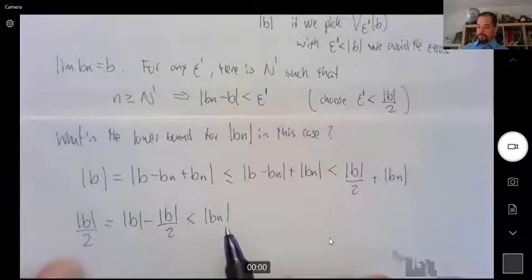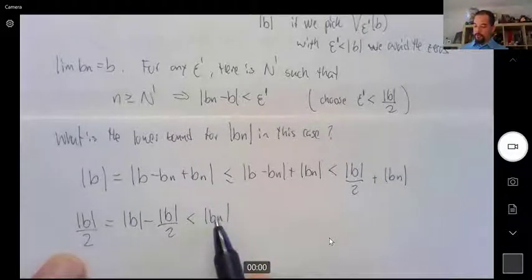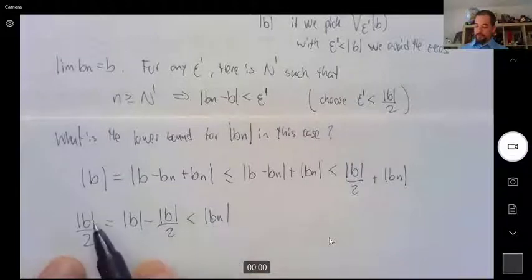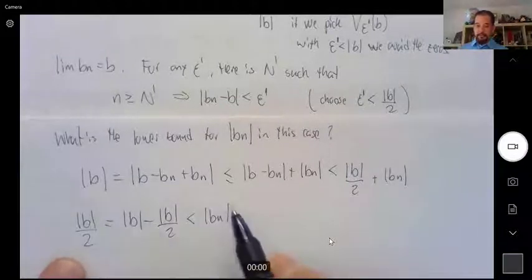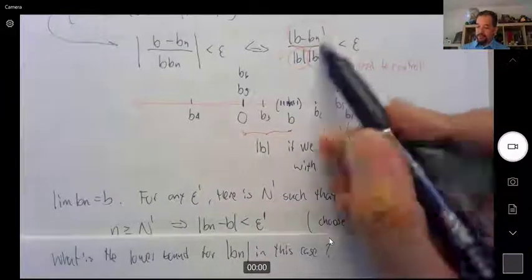And that's where we're going to pick it up next time. So I have a lower bound for the absolute value of Bn, which is the magnitude of B over 2. And this is the inequality that we can use to control this term over here.